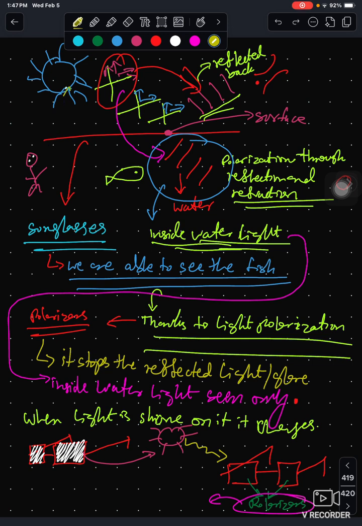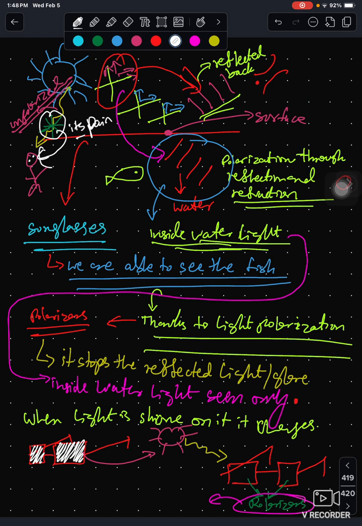We know that sunlight, if we look straight into it, is unpolarized. It's very dangerous because it has all kinds of orientations, all kinds of directions in that plane. So it does hurt, right? It gives pain.